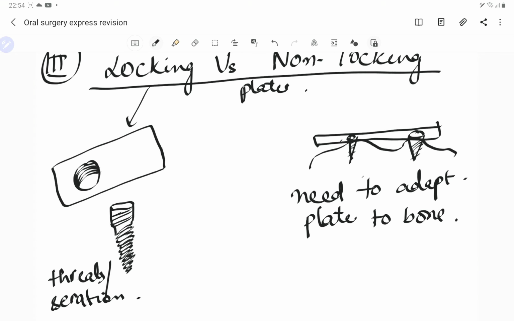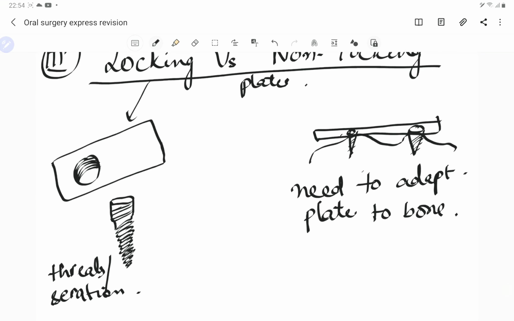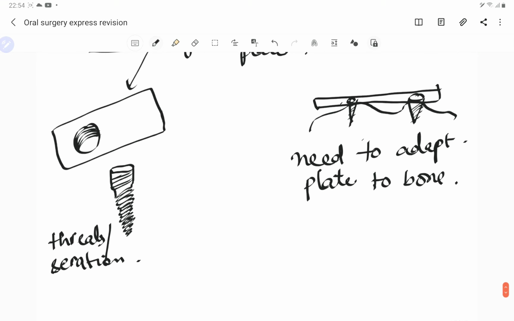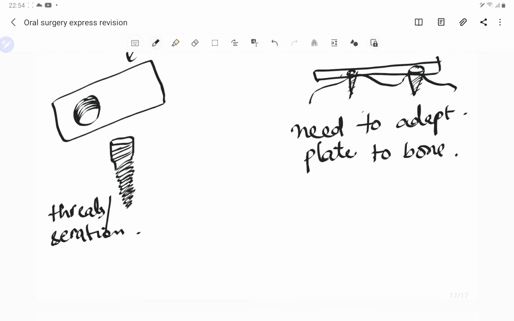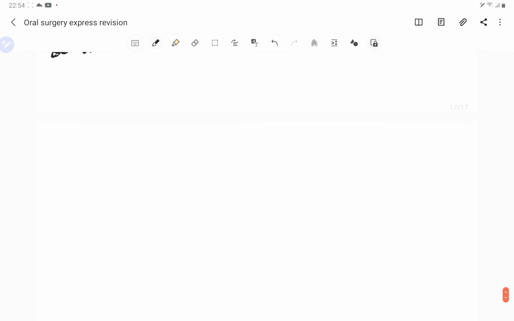Therefore, this kind of plate has more chances of infection, and that's the difference between the locking and the non-locking plate.